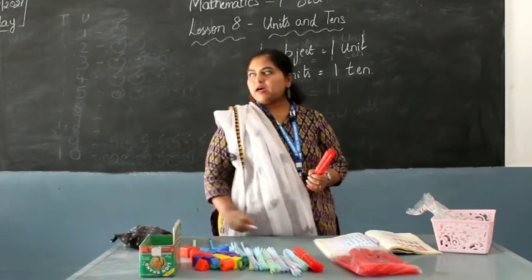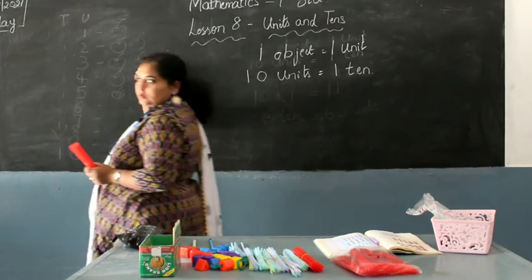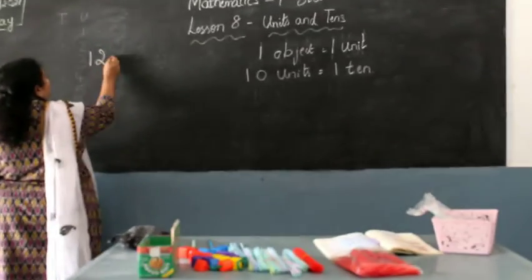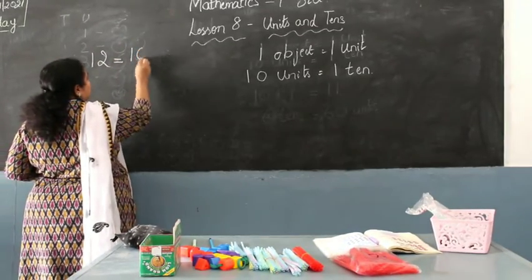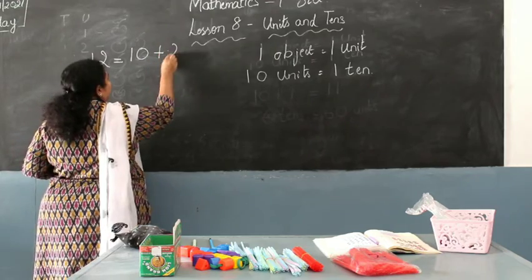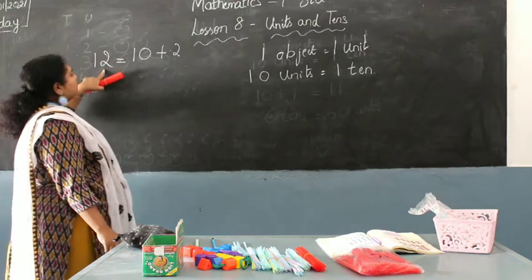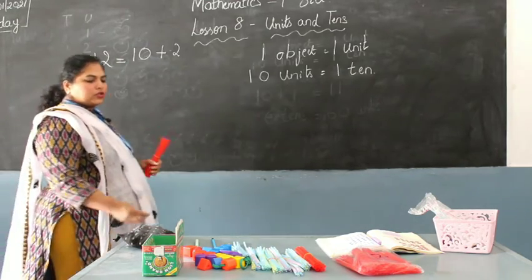12 is nothing but 12 is equal to 1 ten plus 2, correct? 2 units plus 1 ten will make it 12. So what do you all need to do?